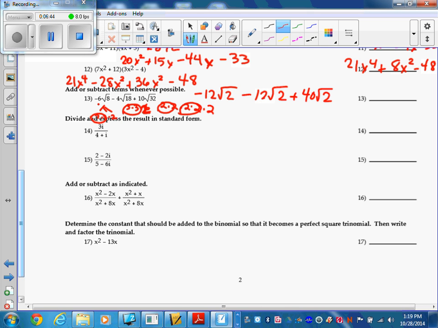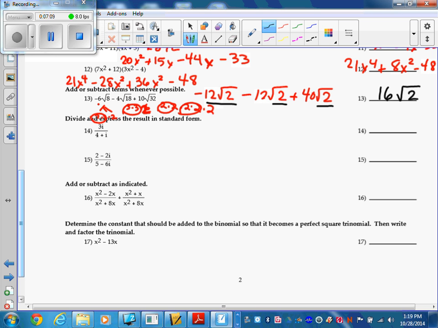Now you see that these are like terms because we have the square root of 2 for each of them. So negative 12 minus 12 is negative 24. Negative 24 and 40, 16 square roots of 2.